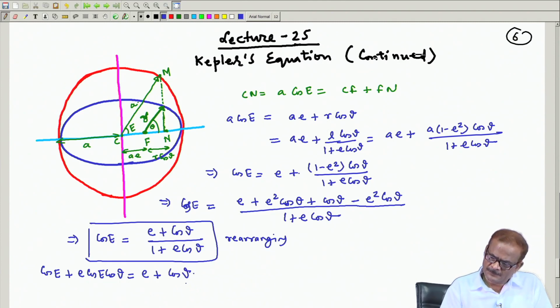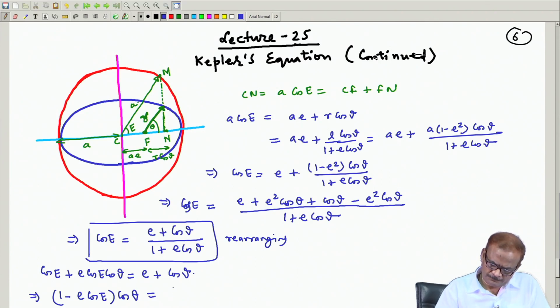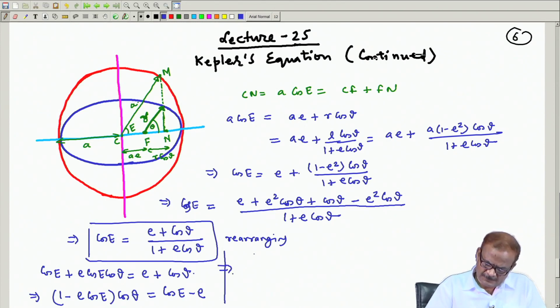If we bring cos theta to one side, we get 1 minus e cos E times cos theta equals cos E minus e, and this implies cos theta equals cos E minus e divided by 1 minus e cos E.